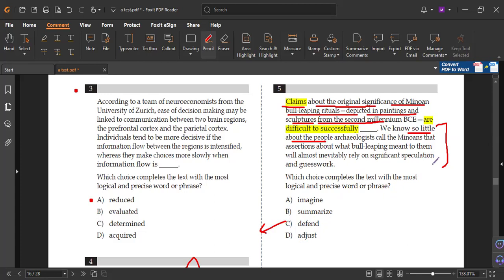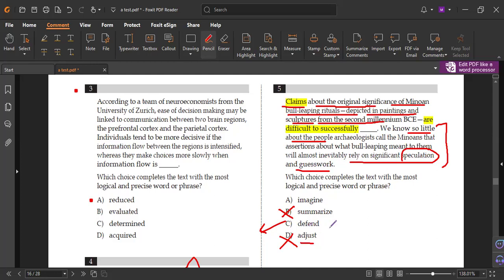We don't have any information here about adjust, to change or modify something. Do you have any information about it being difficult to summarize? We don't have any evidence. But here he mentioned that it relies on significant speculation and guesswork, so it's so difficult to support it, so difficult to prove it.